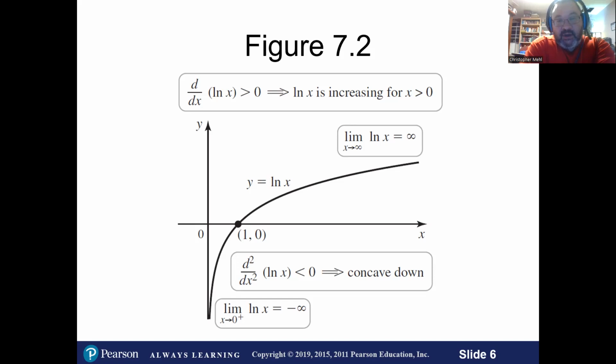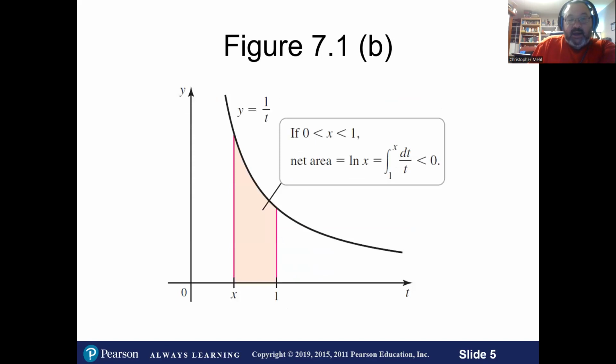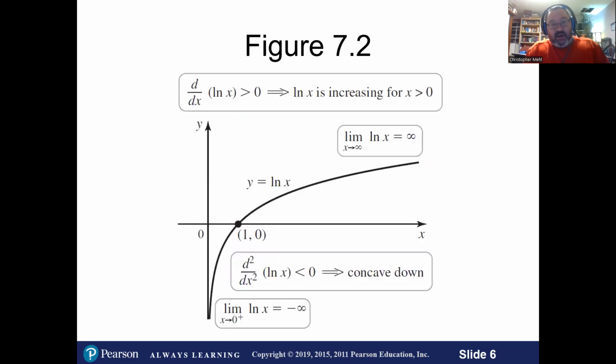It's increasing for x greater than 0. And if we go back and look at the function 1 over x for x greater than 0, it's always positive. And since 1 over x is the derivative of the log, that makes sense that the log is therefore increasing everywhere.